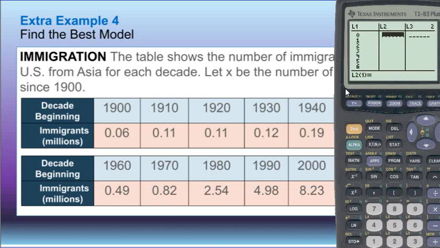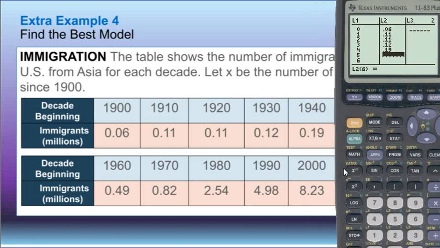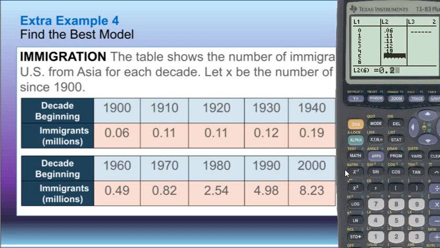And then the y value, or L2, would be our immigrants in millions, so 0.06, 0.11, 0.11, 0.12, 0.19, 0.28, 0.49, 0.82, 2.54, 4.98, and 8.23.